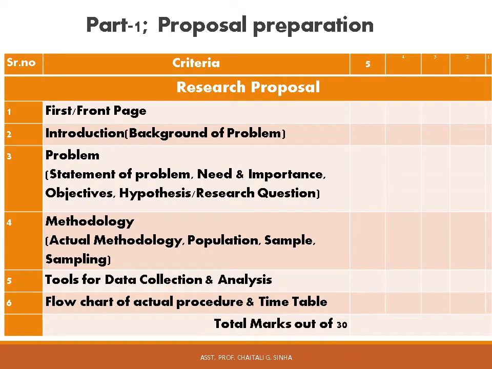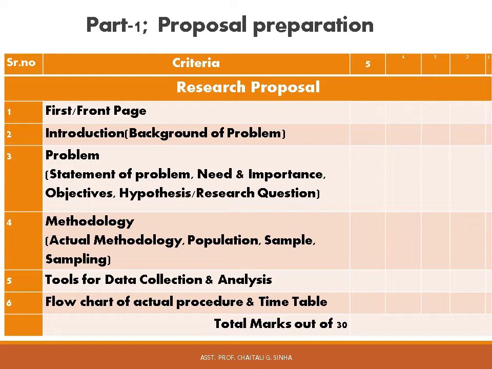Now let's see what are the 2 steps you have to do. First part is proposal presentation. You have to identify a problem, and based on the following points, you have to write your proposal. First of all, when you find out an educational problem which is related to the teaching learning process, you ask your group in charge if you can take it as an educational problem or not.